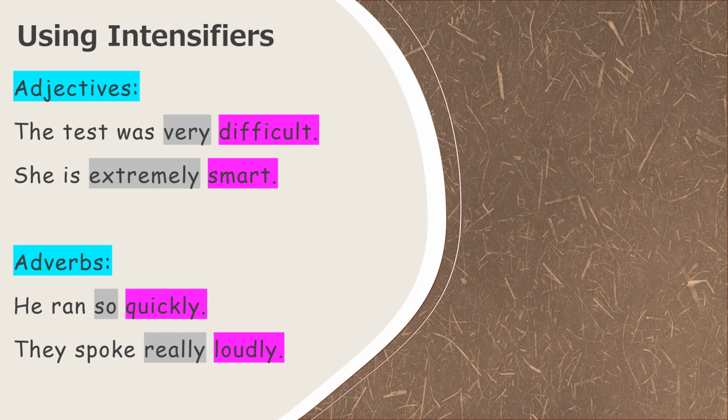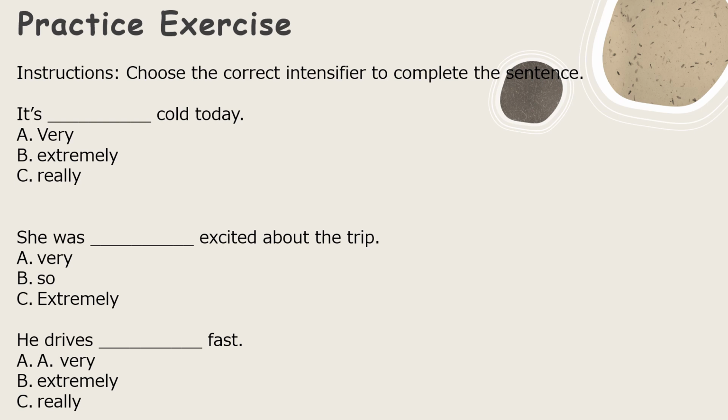They is a subject, spoke is a verb, loudly is an adverb. How loudly? Really loudly. So really is an intensifier, so it is used both to intensify the adjectives and the adverbs. Now let's take a look at a practice exercise.